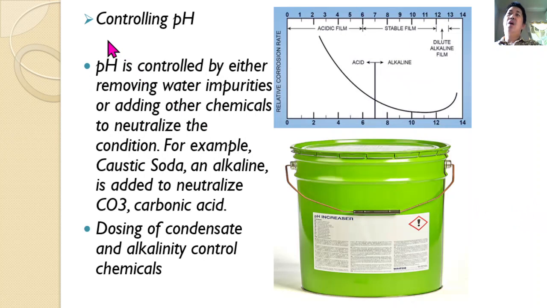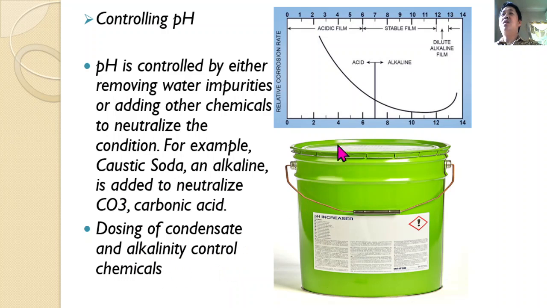So here, how to control pH? pH is controlled by either removing water impurities or adding other chemicals to neutralize the condition. For example, caustic soda and alkaline are added to neutralize carbonic acid, with dosing of condensate and alkalinity control chemicals.